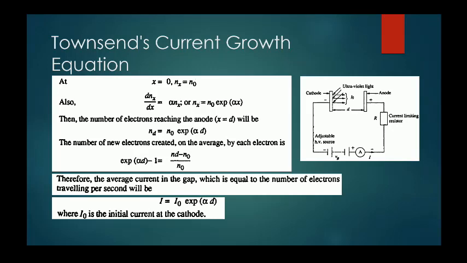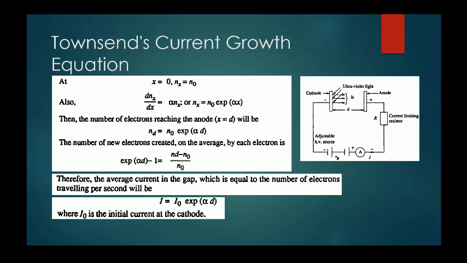And by solving, we can find the number of electrons at the end of the distance d, that is when it touches the anode. When it touches the anode, the number of electrons becomes nd, which is equal to n0 exponential of alpha d.